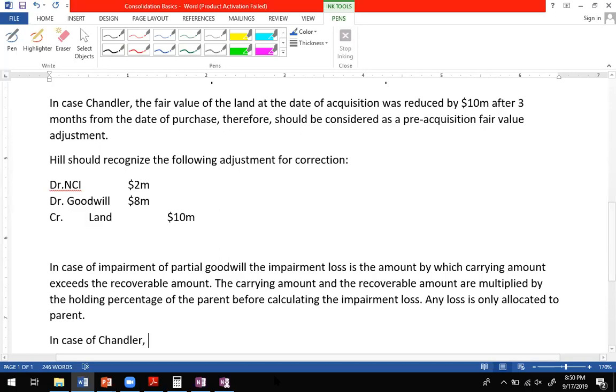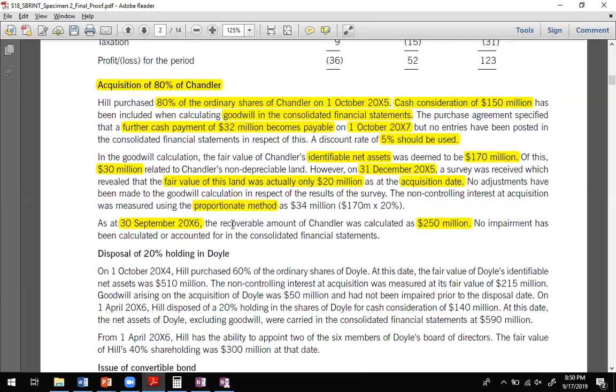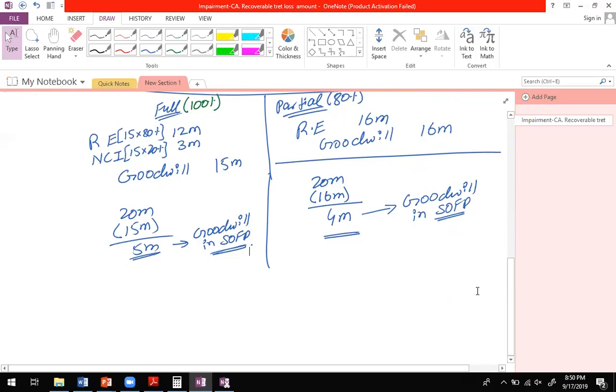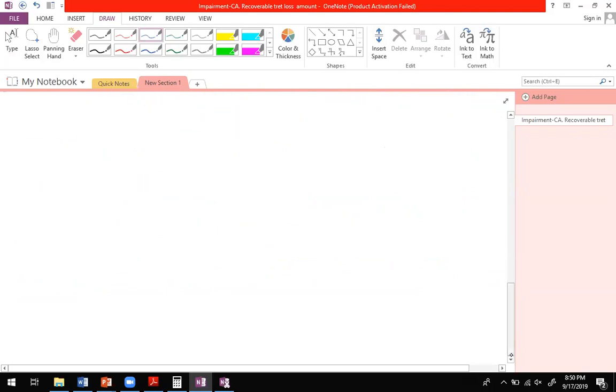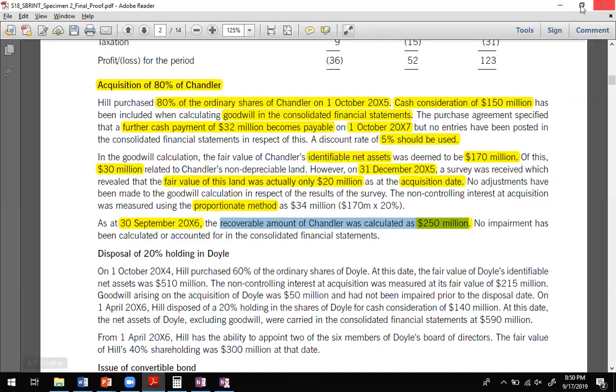In case of Chandler, now we are going to calculate. It says that the recoverable amount was $250 million. So in case of Chandler, we need the net assets, we need the goodwill, and this will give us the carrying amount, less we are going to deduct the recoverable amount. So if I go back to the question, the net assets were how much?